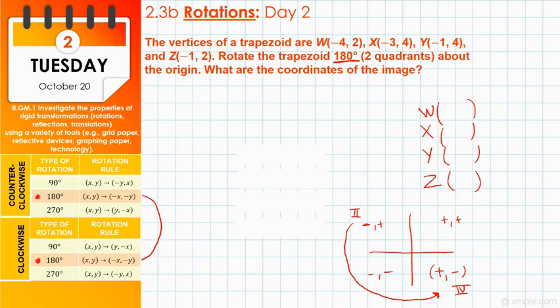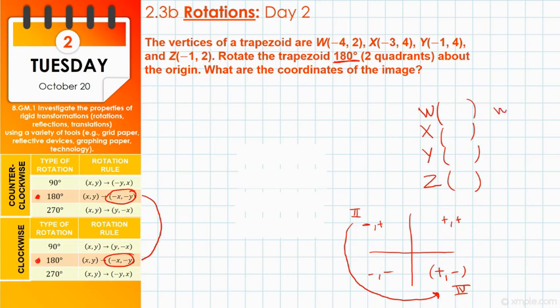So quadrant 2 to quadrant 4, 180-degree rotation. X and Y don't switch. So my X and Y values stay the same. I ignore positive and negative initially.